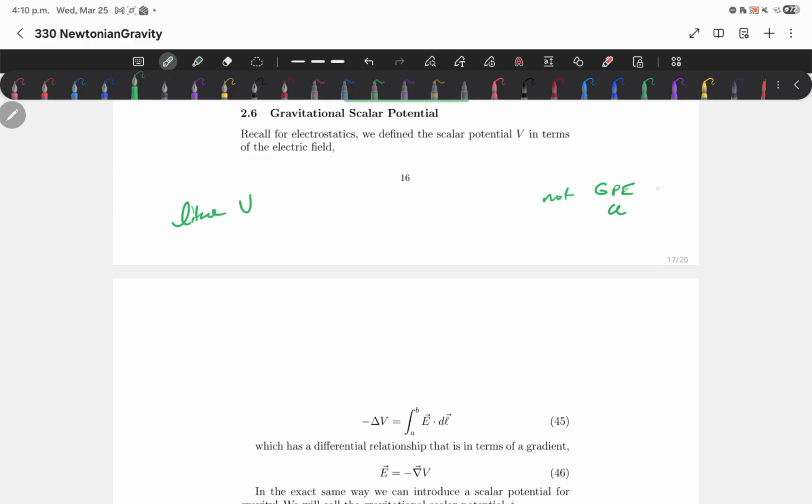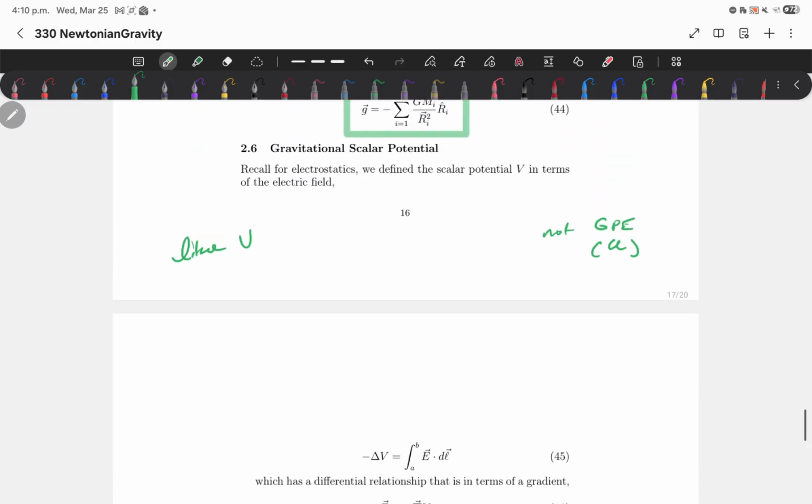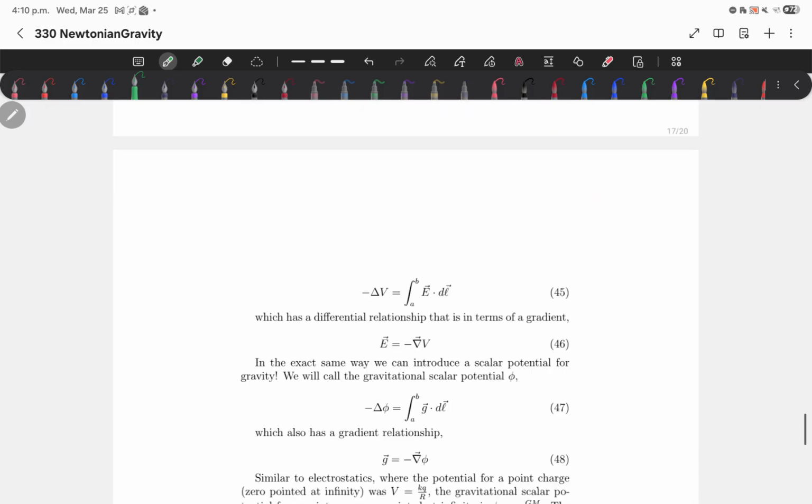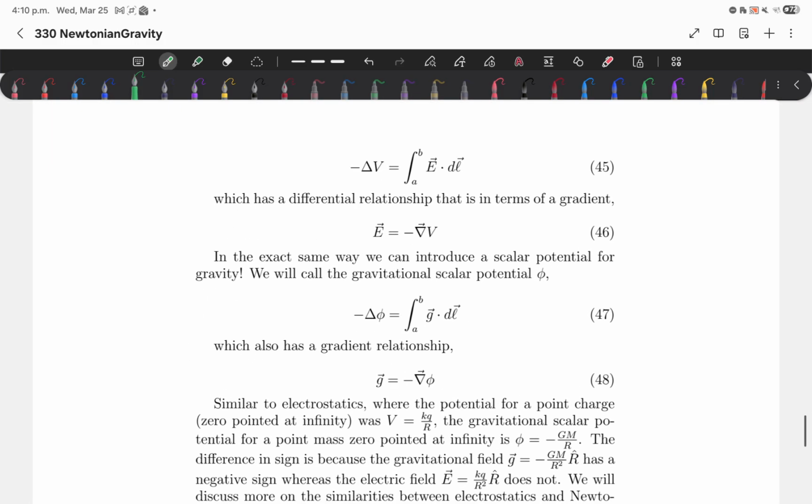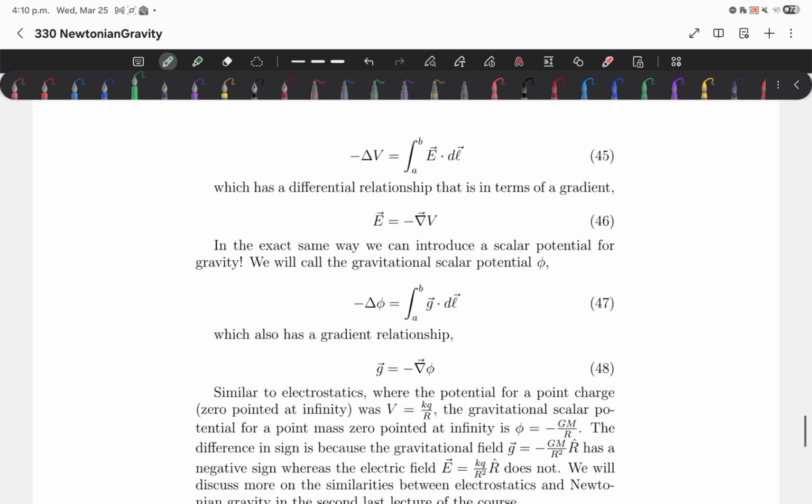The negative change in potential is the integral of E dot dl. So we add up E dot dl over some path, that's equal to the negative change in the scalar potential. On the converse, the electric field is equal to the negative gradient of that scalar potential. So here's how we define potentials for the electric field.